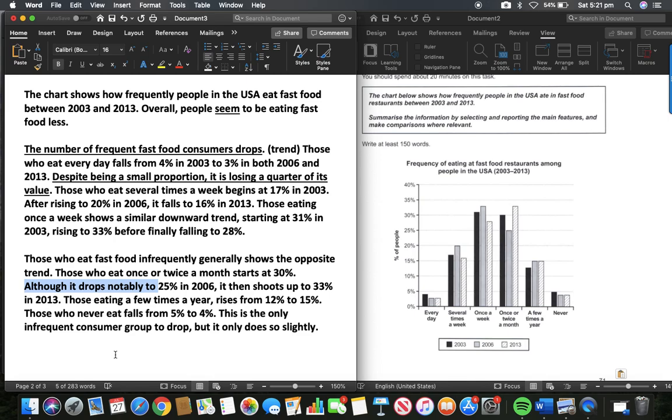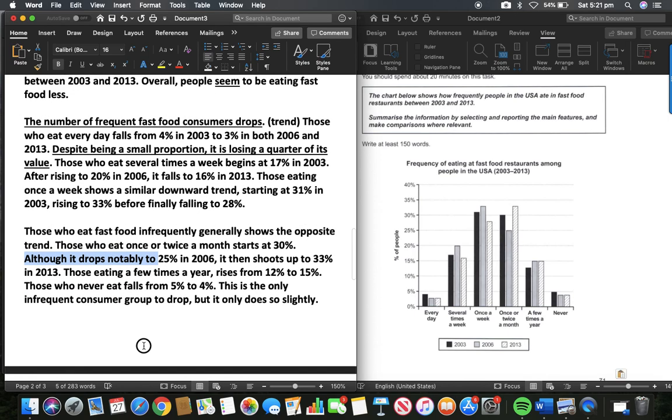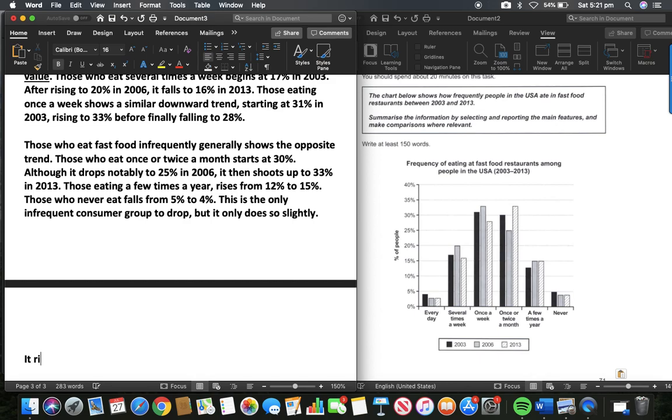There's other ways I could have done this. I might take a moment just to show you that. It falls in 2006, and then I could say dropping to 25%. So again, I get that kind of nice trend data.